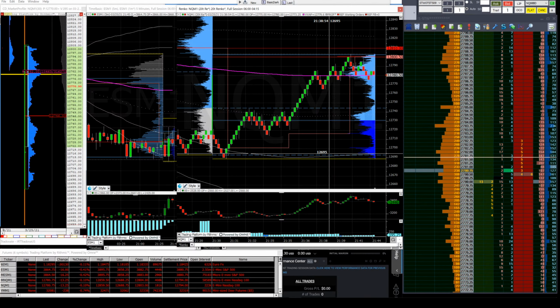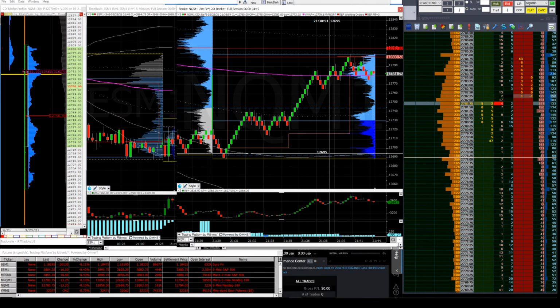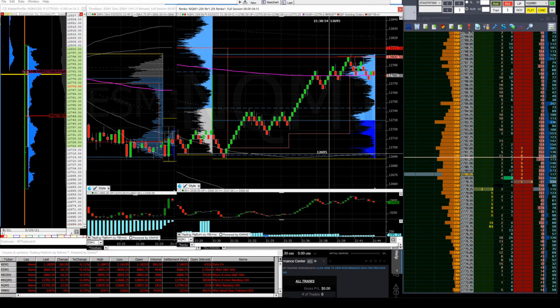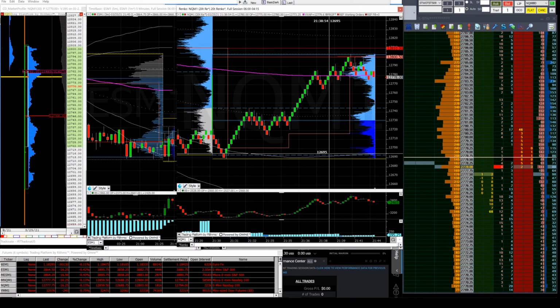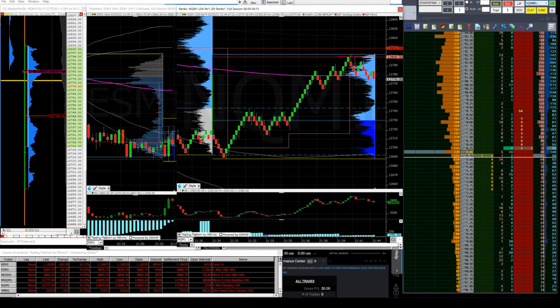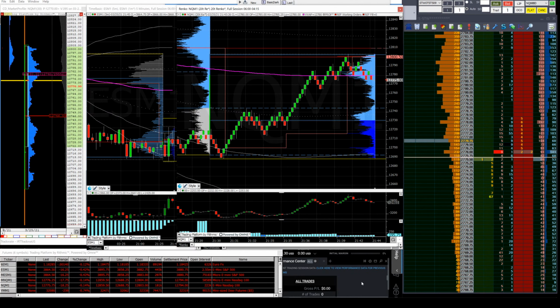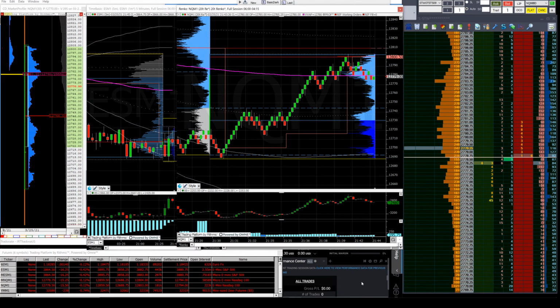Now that it looks like I'm going to be able to use this setup, I'm going to start fleshing out my brackets here on Jigsaw. I wish Jigsaw had a couple of the features on the bracket which do exist on Tradovate. That's kind of disappointing.